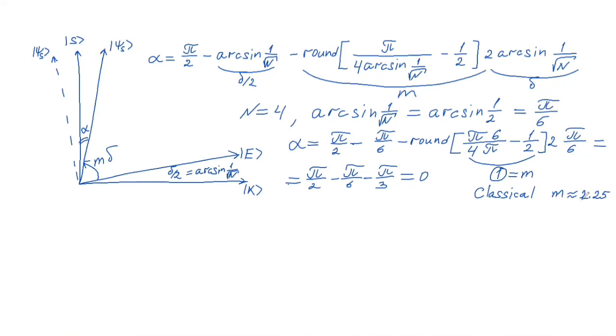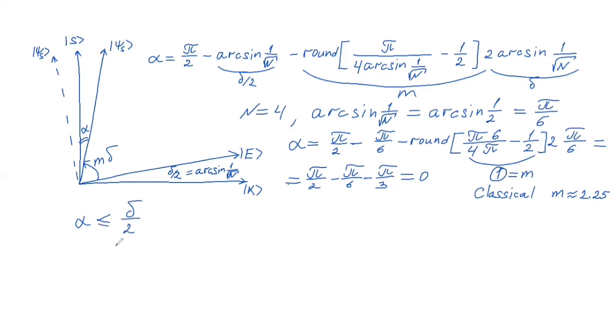Now let's see what is the error on measurement when we use the quantum search algorithm in a more general case, when n is not equal to 4. Whenever we apply m Grover iterations, we will rotate our vector search register within an angle which is smaller than delta over 2.